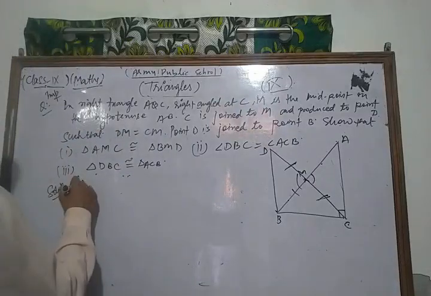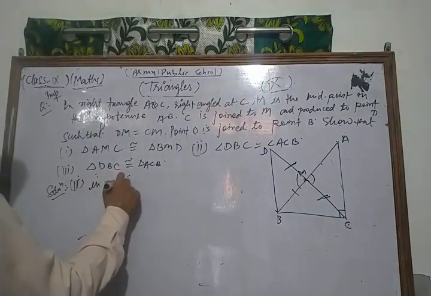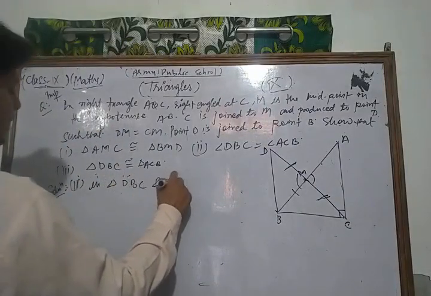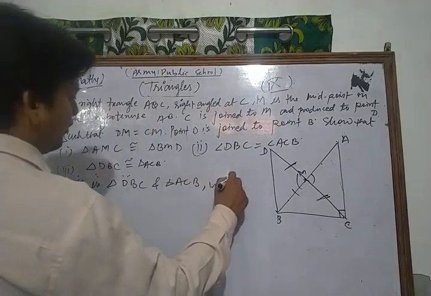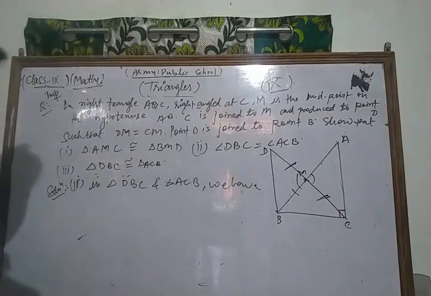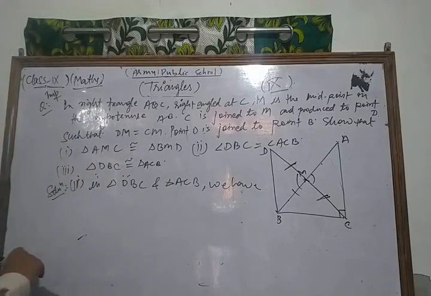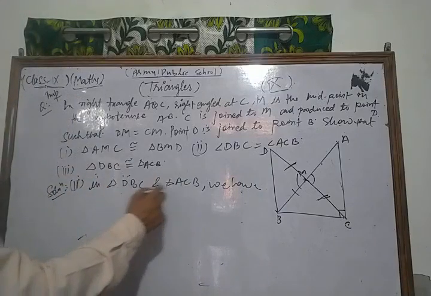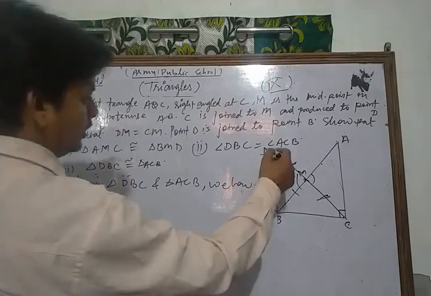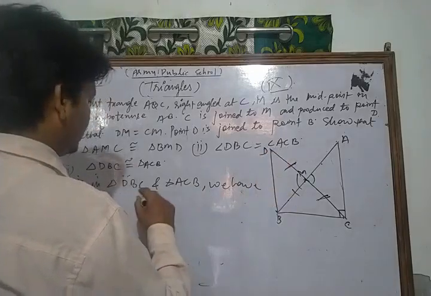Now in triangle DBC and triangle ACB, first of all we have to show that they are congruent to each other. In both triangles, DB is equal to what?